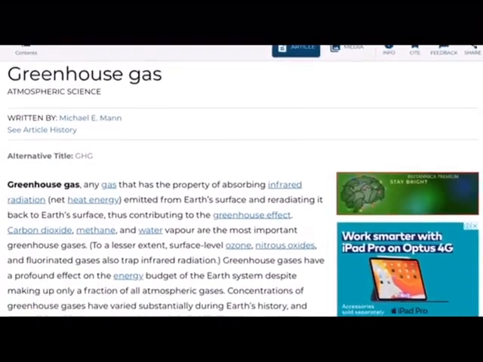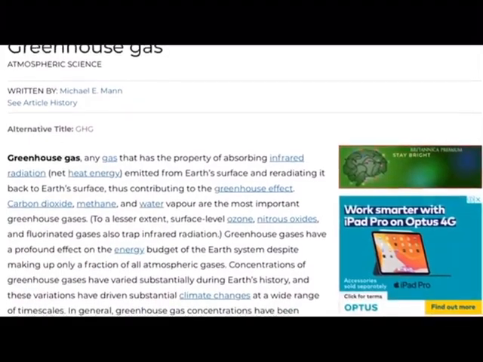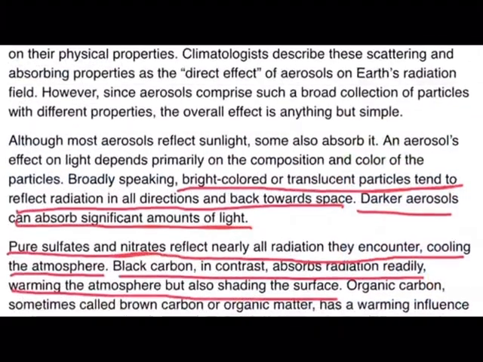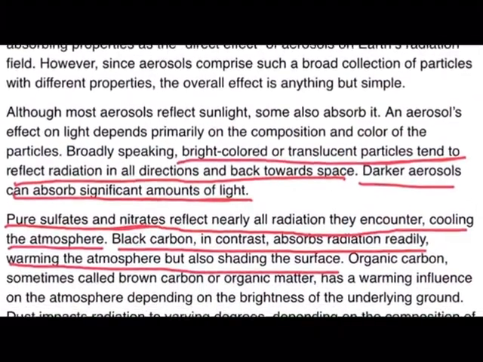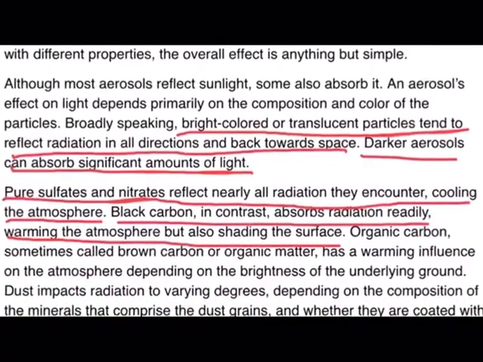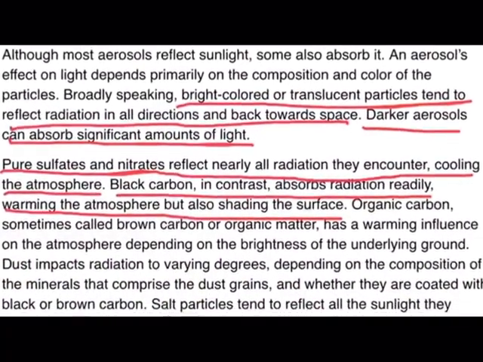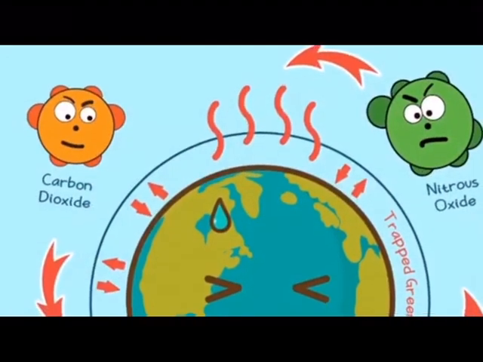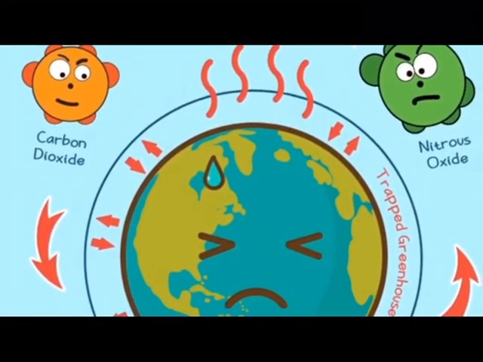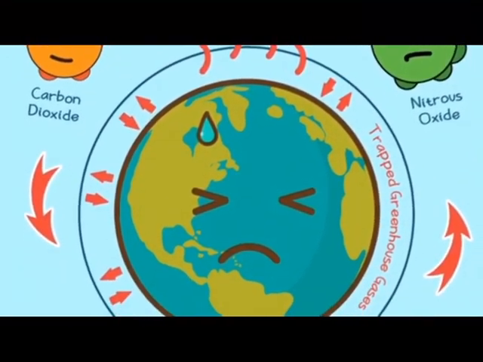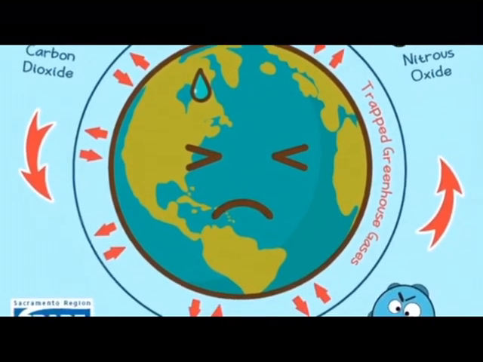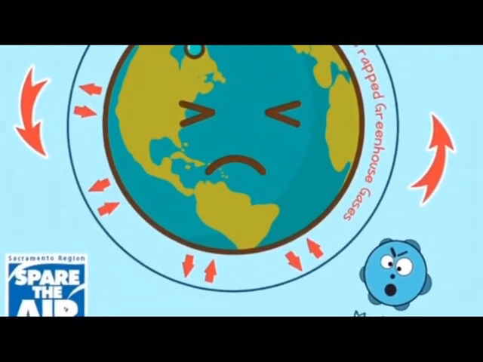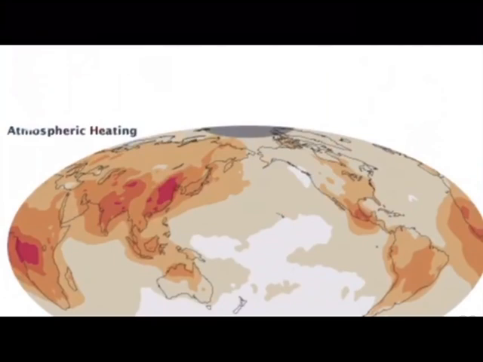Greenhouse gases are the worst contributor to global warming. Greenhouse gases consist of multiple harmful chemicals and aerosols such as carbon dioxide, water vapor, and methane. These chemicals float around in our atmosphere beneath our ozone layer and absorb UV radiation and redistribute it around our planet, causing it to heat up more.